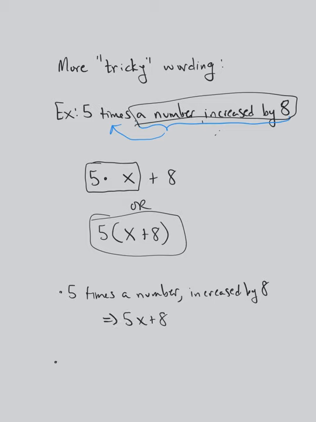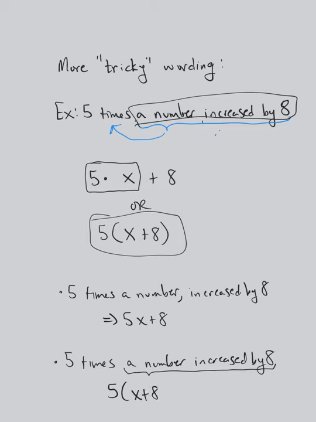But if I just write that whole phrase without a pause or without a comma, the way I originally had it written, then there's no pause, so it's 5 times the number increased by 8. So again, this is part convention, but you can actually kind of reason that out grammatically. So in this case, you would say 5 parentheses x plus 8. That is very tricky, and be very careful with it.